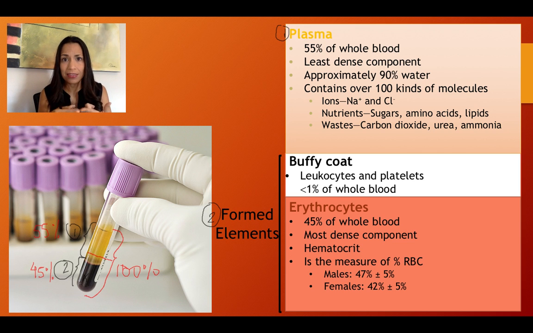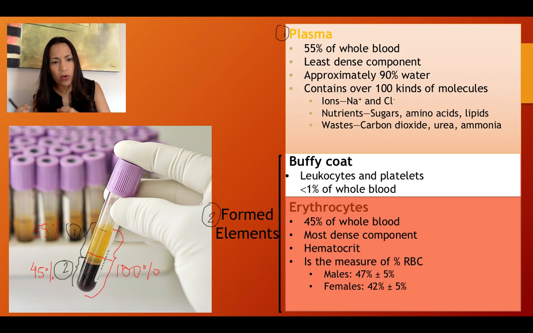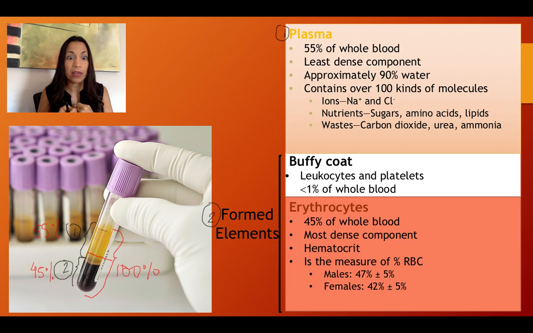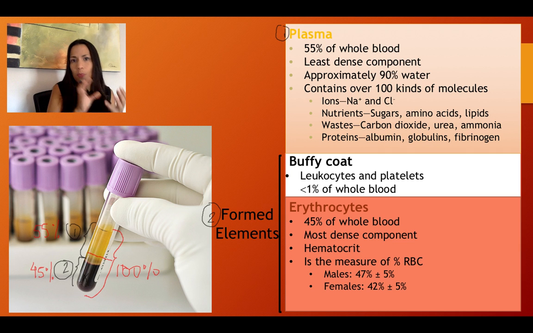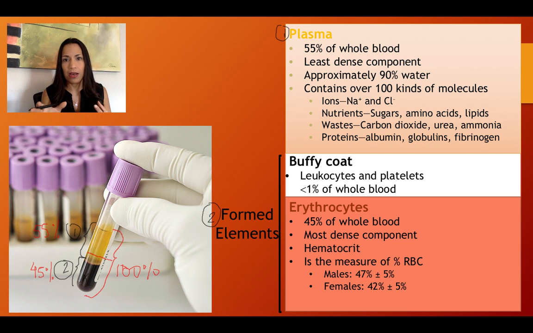We have gases, especially carbon dioxide. We have nutrients like glucose, amino acids, triglycerides bound to a protein. We have a bunch of proteins, and actually that's what makes the bulk of the solute part of plasma, which is about 10%.